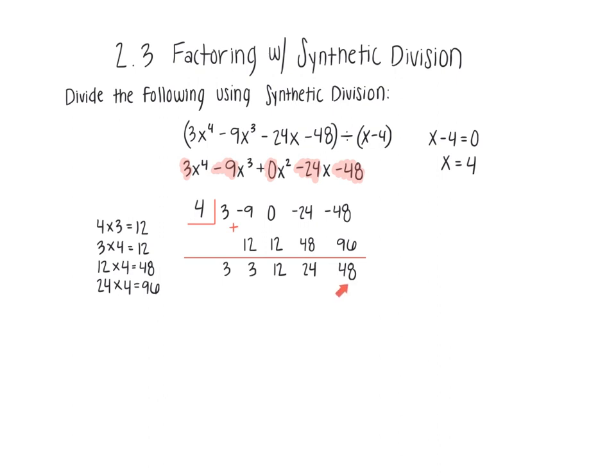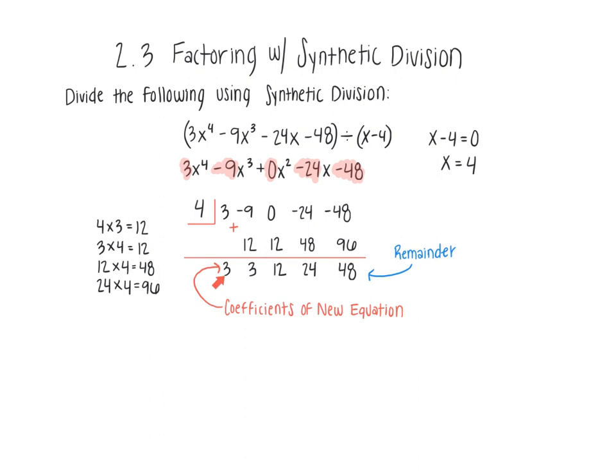This last value right here is going to be my remainder, and then all the other values in front of it are going to be a part of my new equation. So you write out your final answer by starting with an exponent that is 1 less than the one you started with. So in our problem, we started with x to the fourth.